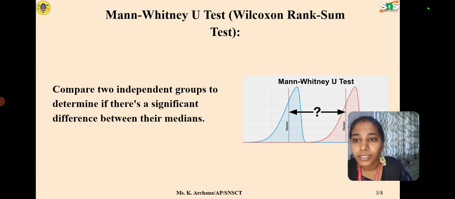We take the median as the measure of central tendency for all non-parametric tests, not the mean value. So we compare independent groups to find significant differences between their medians.